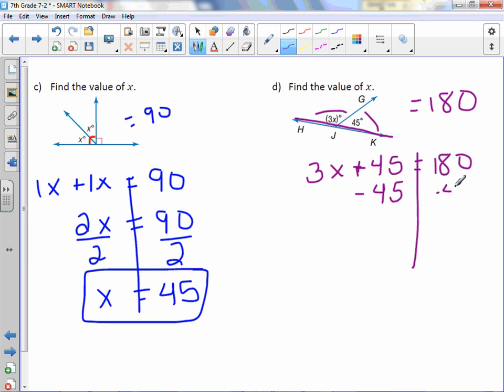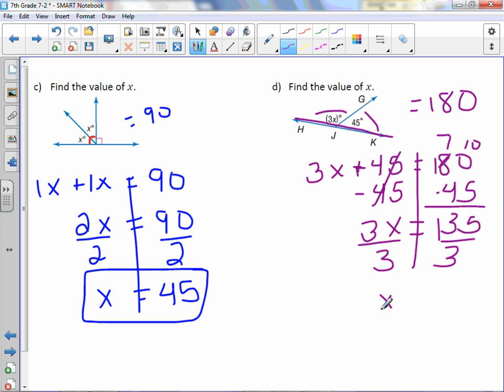Minus 45. 3x equals 135. Divided by 3. So 3 into 13 is 4 times, which is 12. 13 minus 12 is 1. Bring down the 5. 3 into 15 is 5 times.